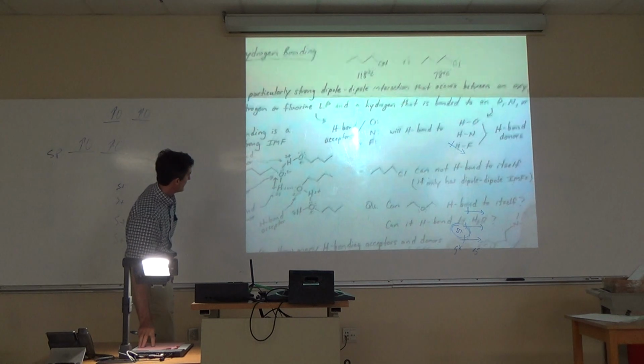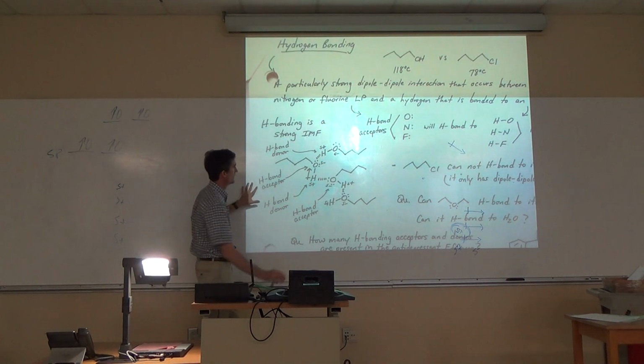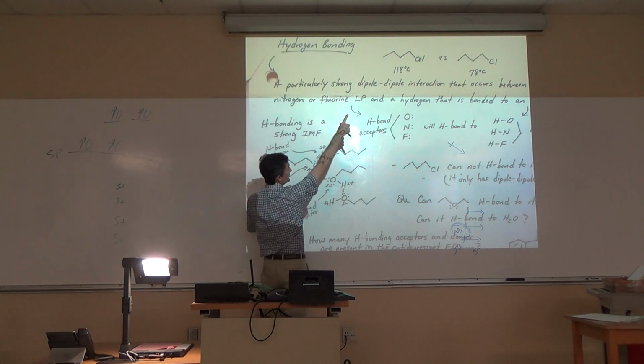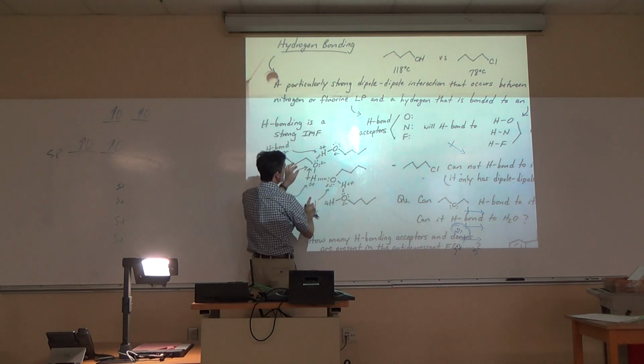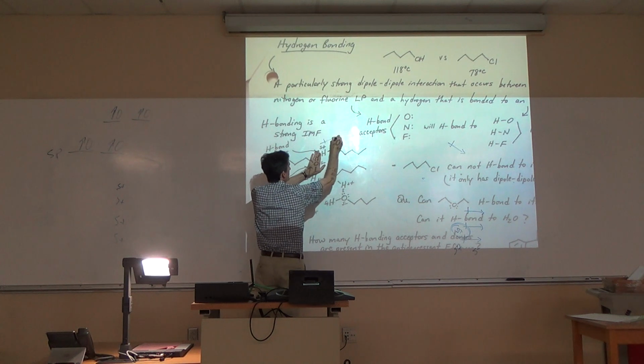And we can show that so-called hydrogen bonding network like this. Multiple molecules of the alcohol. We've got the H here, very partial positive because it's bonded to that oxygen.